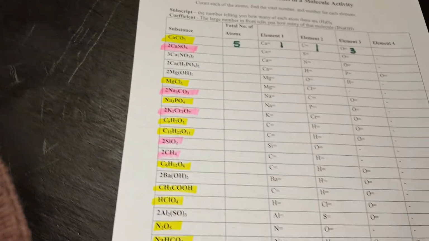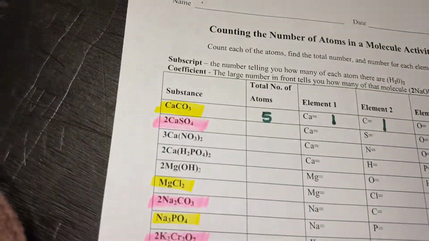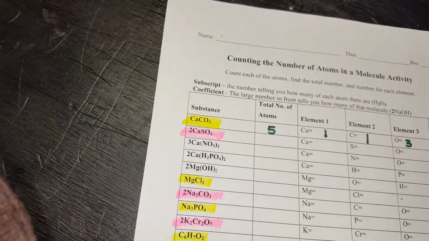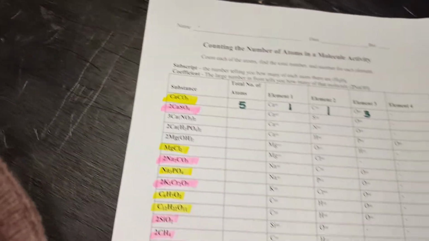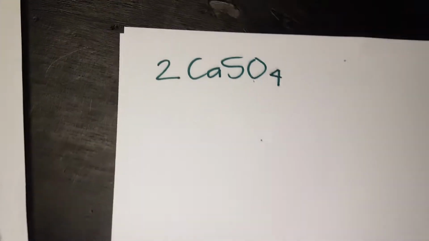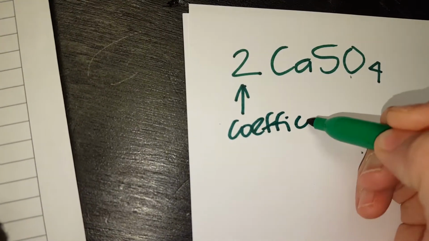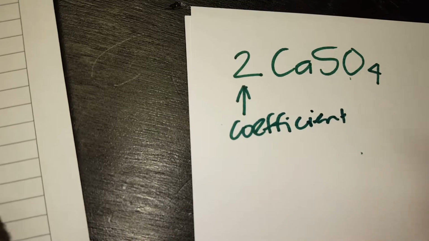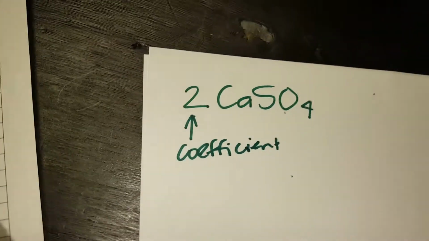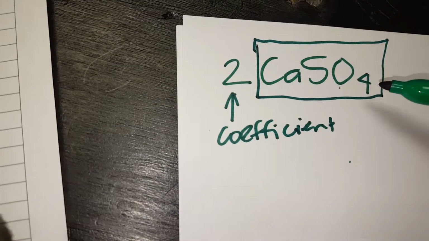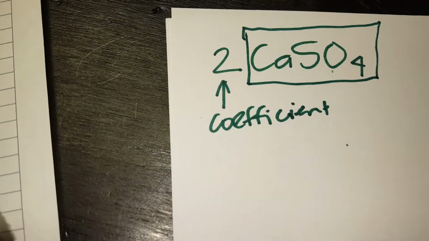Alright, so all of those are in pink, and I'm going to copy this first one over to this white copy paper so that we can practice. Alright, 2CaSO4. Alright, so this first number here, this is your coefficient. And the coefficient is going to tell me that I have 2 sets of everything in this box. 2 sets of everything in this box.